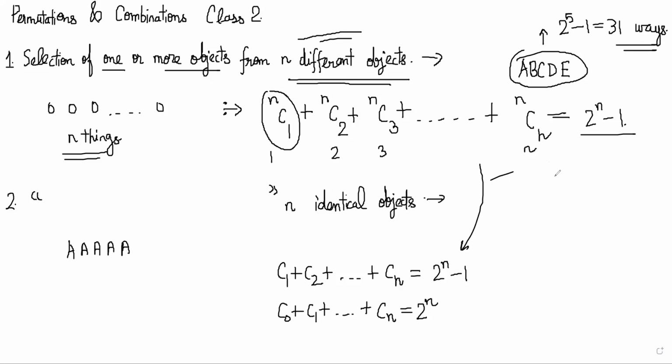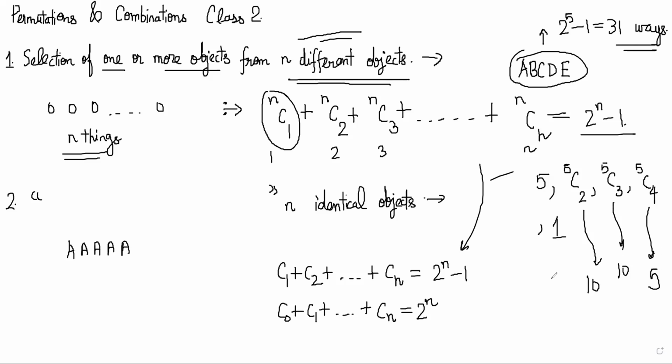Because you could select one letter in 5 ways, two letters in 5C2 ways, three letters in 5C3 ways, four letters in 5C4 ways, and all five letters in one way. 5C2 and 5C3 are 10, and this is 5, and it's adding up to 31.